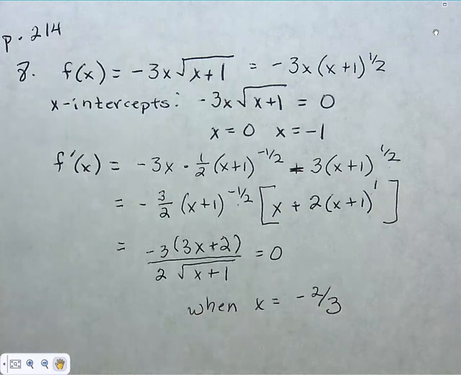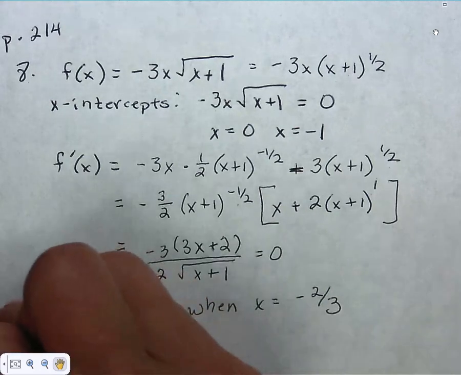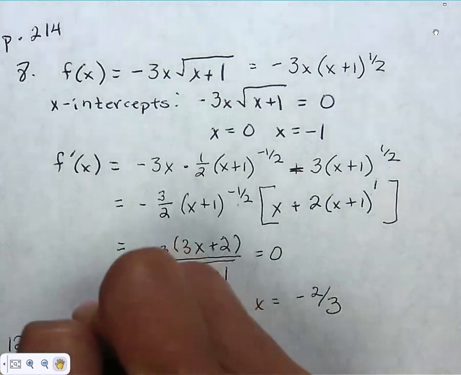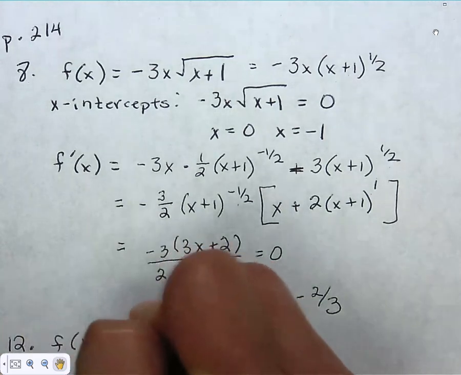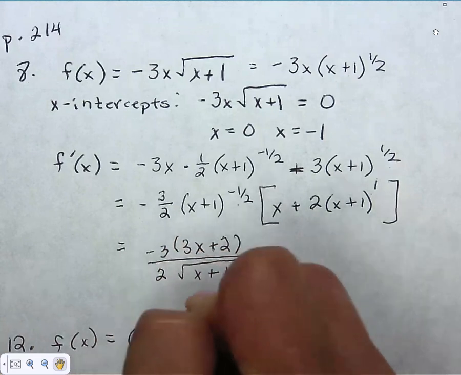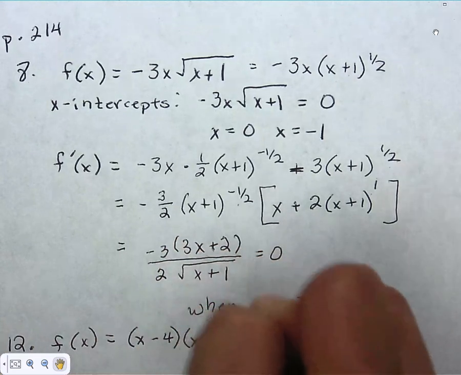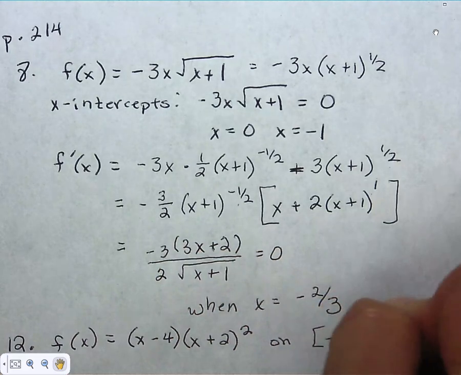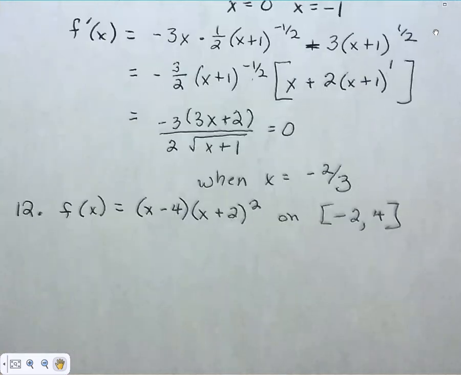Number 12 has a little bit different instructions, but it's a polynomial. And we're given a closed interval from -2 to 4.